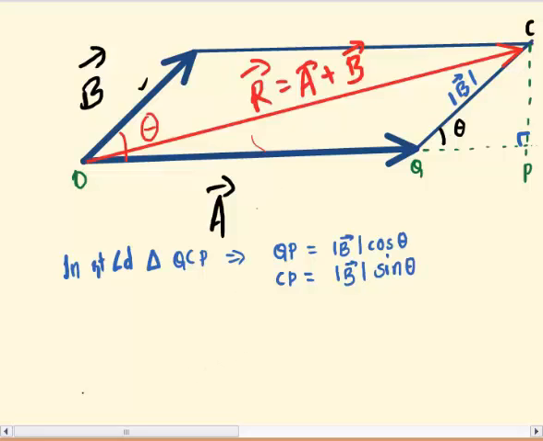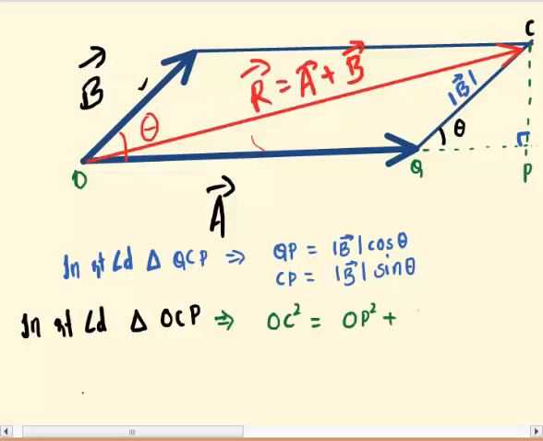Going further, we can write in right angle triangle OCP, we have hypotenuse is equal to modulus of R. Using Pythagoras theorem, we can say here that OC square is equal to OP square plus CP square.